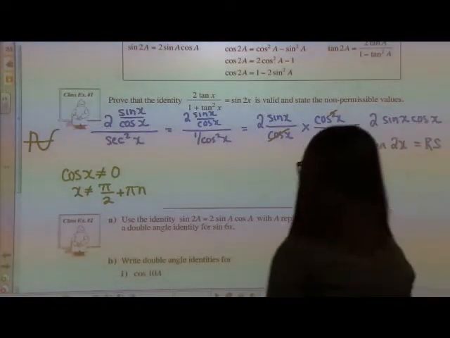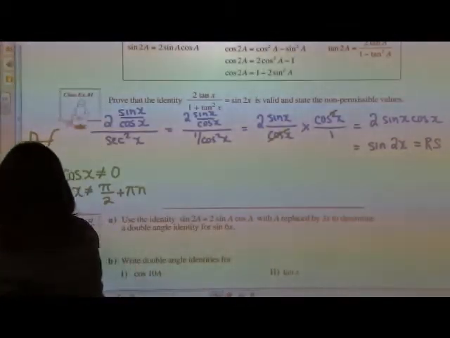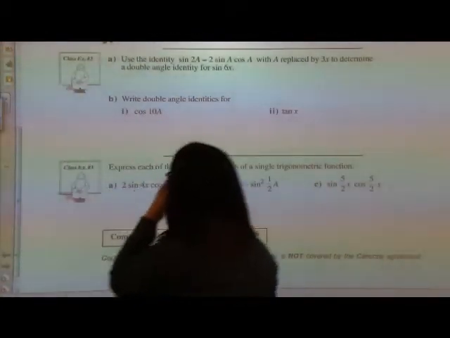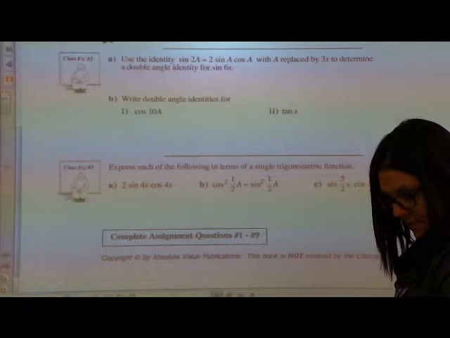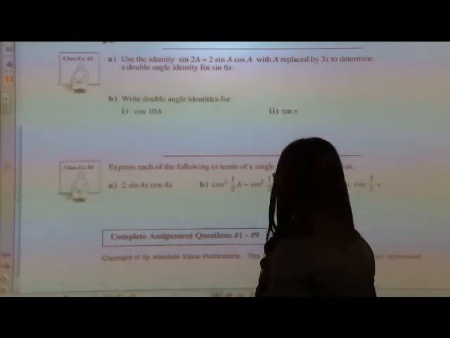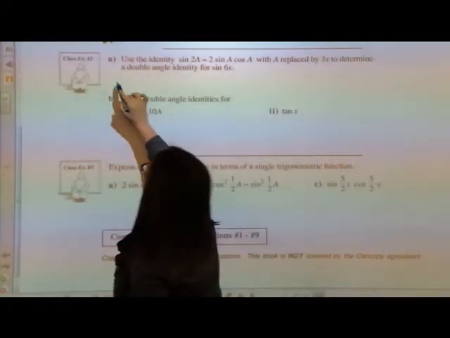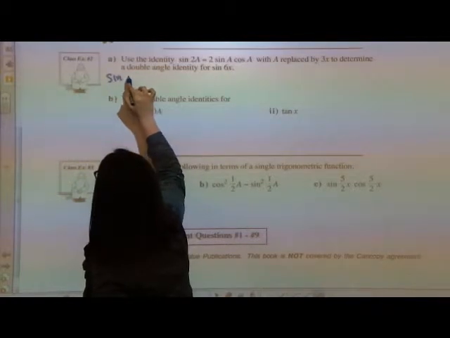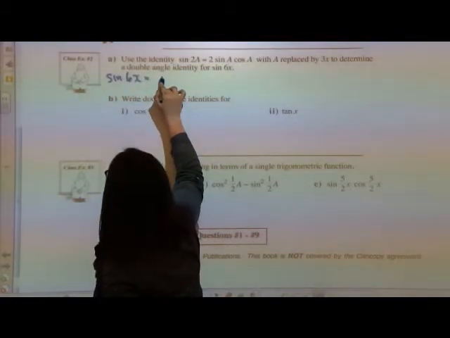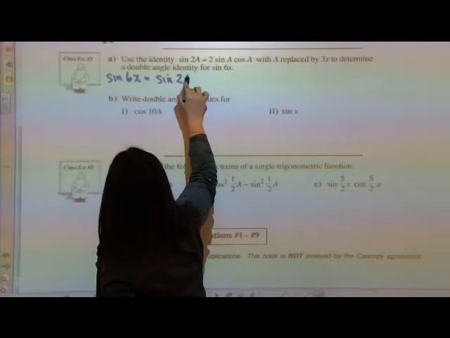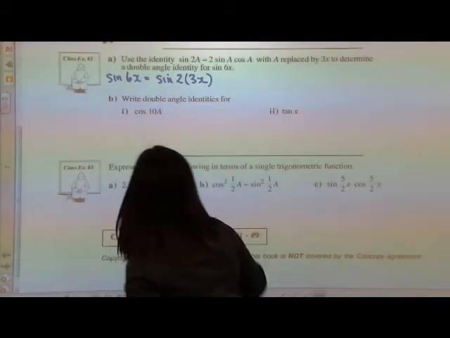Okay. So class example number 2 says use the identity sine 2a equals 2 sine a cos a, with a being replaced by 3x to determine a double angle identity for sine 6x. So what that means is I can say that sine 6x is the same as sine 2 times 3x.